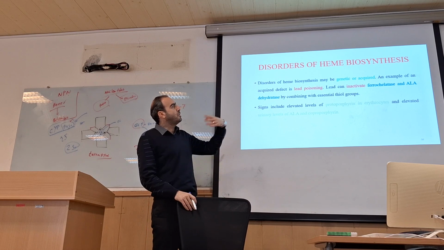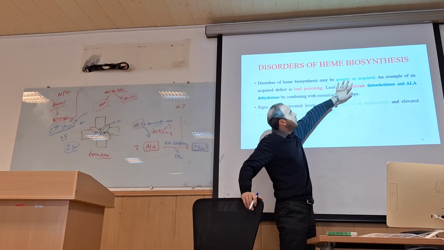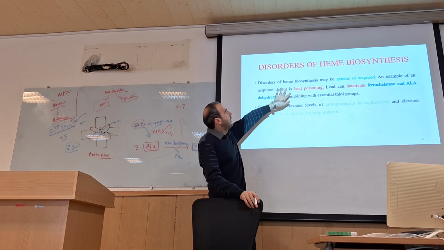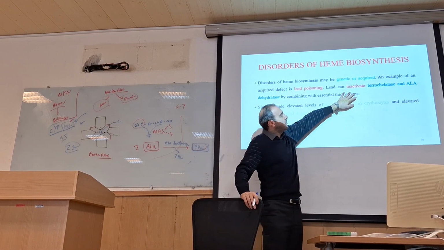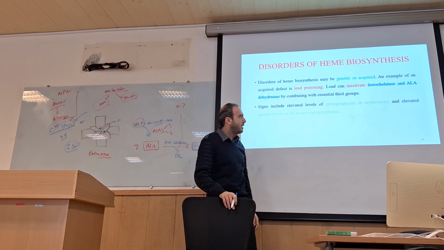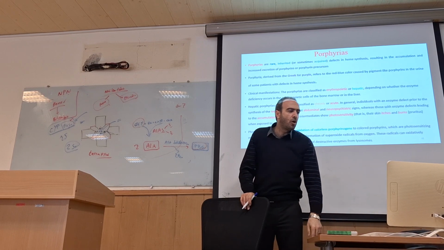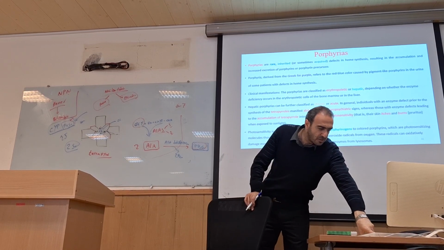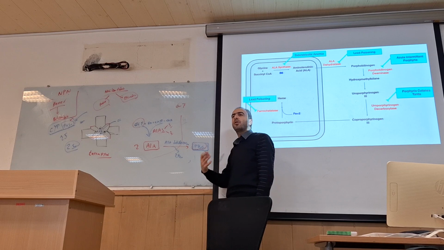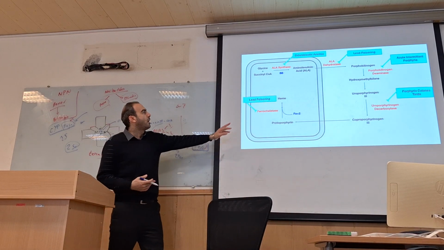Related to disorders of heme biosynthesis, we have some genetic or acquired diseases. Lead poisoning leads to inactivation of ferrochelatase and ALA dehydratase, as you learned, and we have different kinds of porphyria. All kinds of porphyria mean we have a problem in heme synthesis.